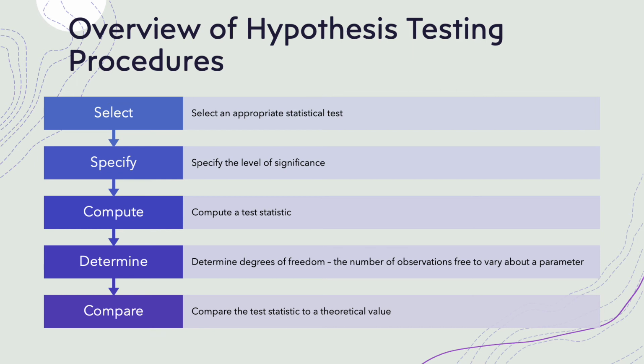Let's do a quick overview of hypothesis testing procedures. First, you select an appropriate statistical test. Then you specify the level of significance. You compute a test statistic. You determine the degrees of freedom, which is the number of observations free to vary about a parameter. And you compare the test statistic to a theoretical value.